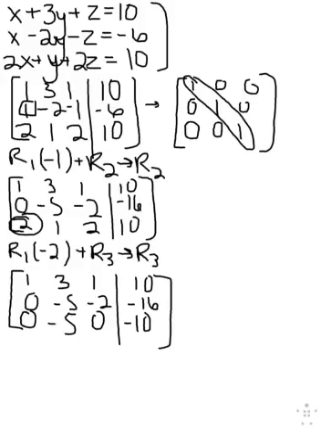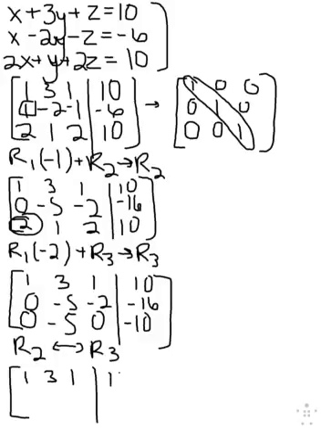Okay, now we're going to do a row swap. So I'm just going to swap row 2 and row 3. So then it will be 1, 3, 1, 10, and 0, negative 5, 0, negative 10, and 0, negative 5, negative 2, negative 16.